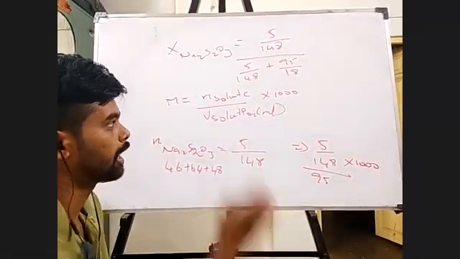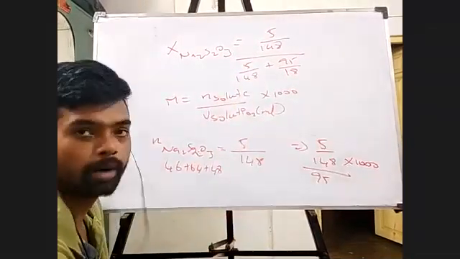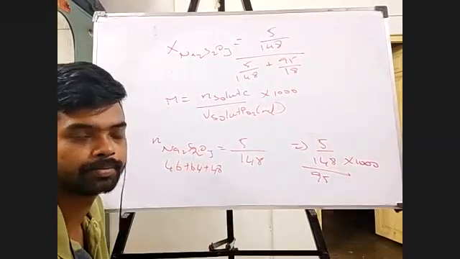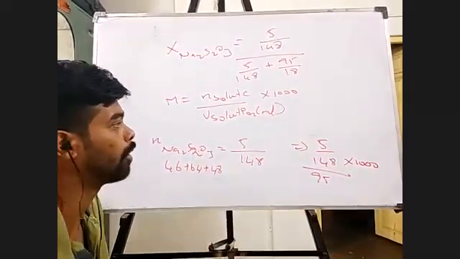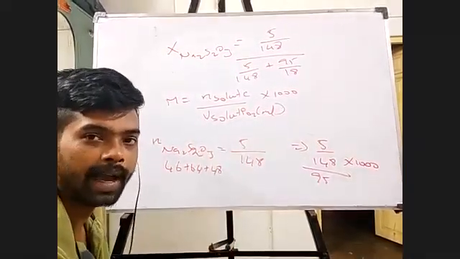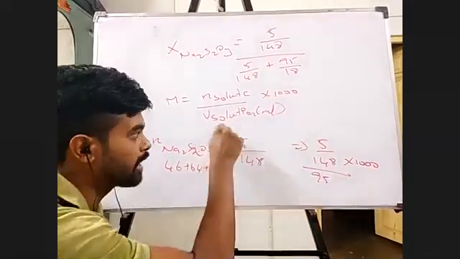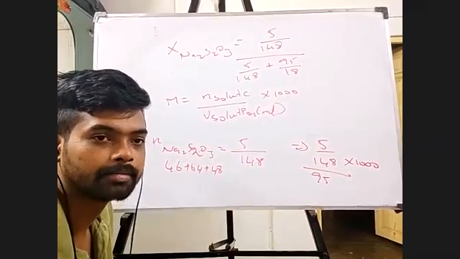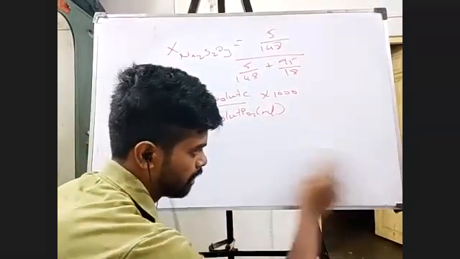Now, the number of moles of solute I have, that is 5 by 148, but the volume of solution is not directly given in the question. So we have to calculate the volume of solution, right? And for that, what is given? Density. Exactly. Density is given for this purpose only.